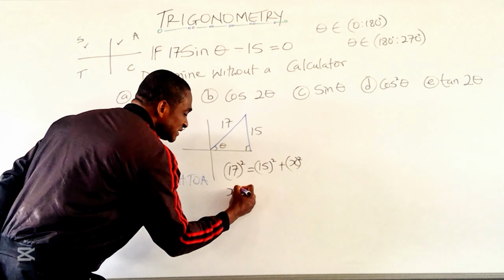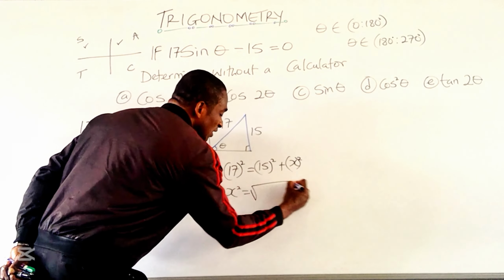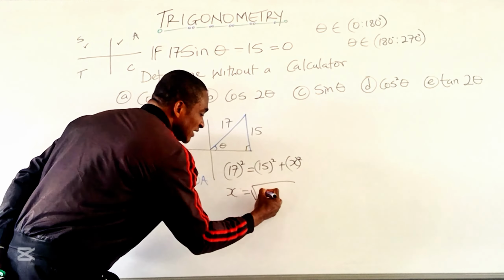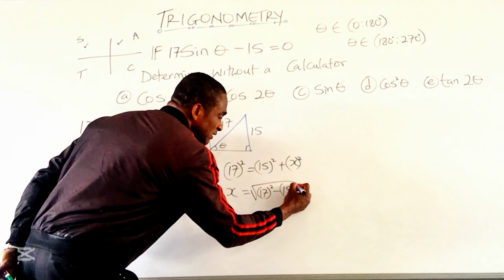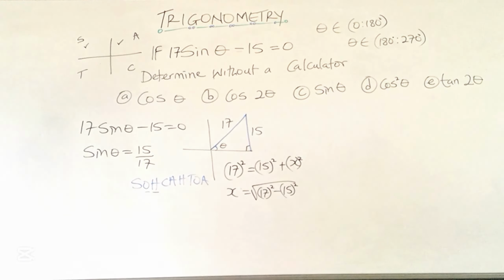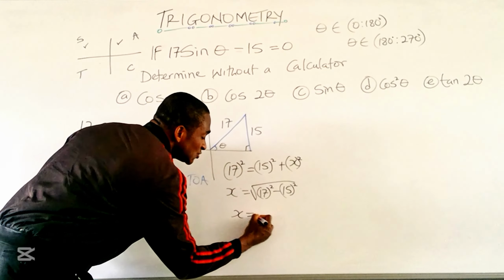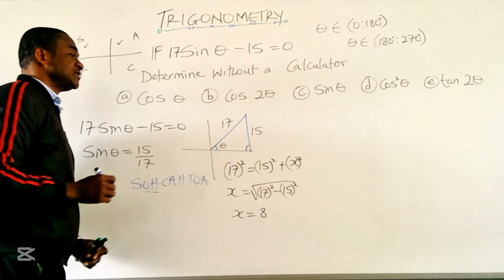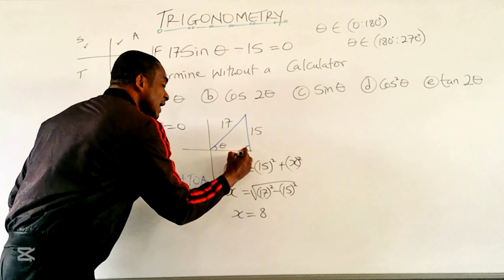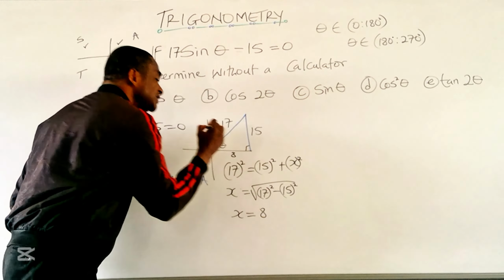So our adjacent in this case will be the square root of 17 squared minus 15 squared, which simplifies to the square root of 64, which is 8. So our adjacent in this case is 8.